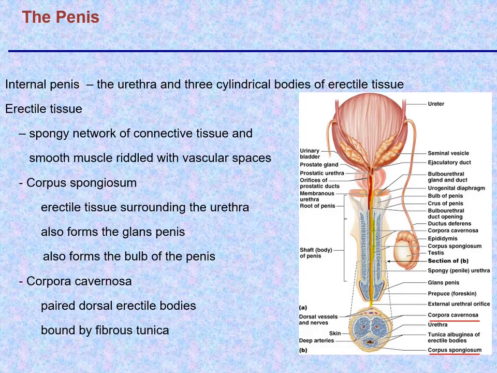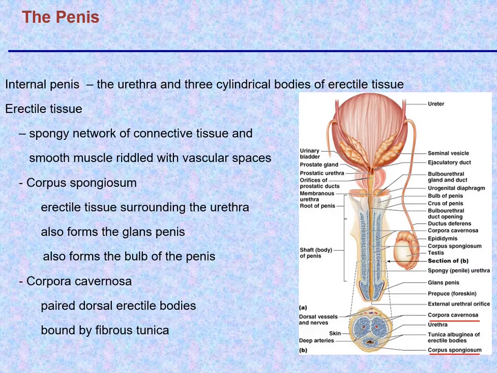That'll be completely clear. Right down the middle is the spongy urethra, but it also contains this network of spongy material or tissue. It's a network of connective tissue, and it has some smooth muscle in it, but mostly it has space, vascular spaces, sinuses.